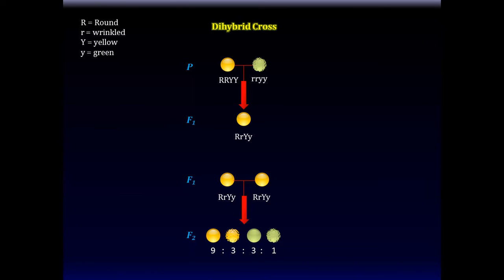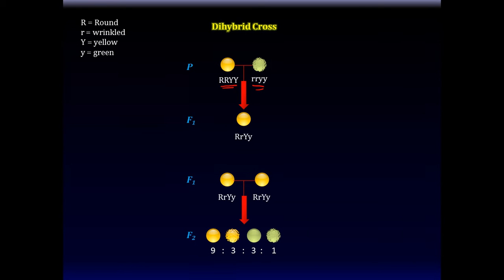Well, what you do is you start out with purebreds like this. You start out with two plants that are purebreds. In other words, you cross until you always only get the desired trait, in this case round and yellow, and wrinkled and green.